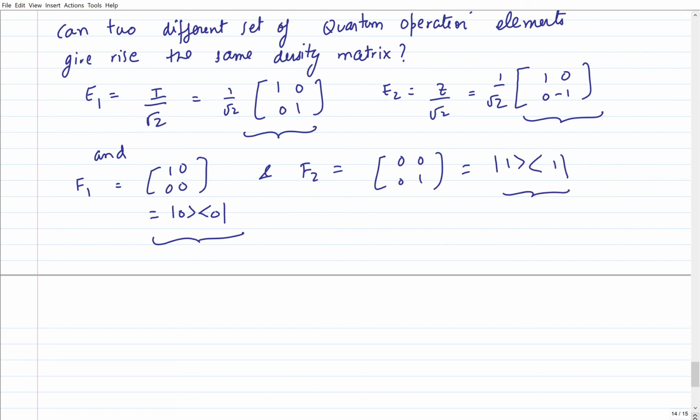So they represent different operation elements, but if you notice, F1 is nothing but E1 plus E2 divided by square root of 2, and F2 is E1 minus E2 divided by square root of 2.